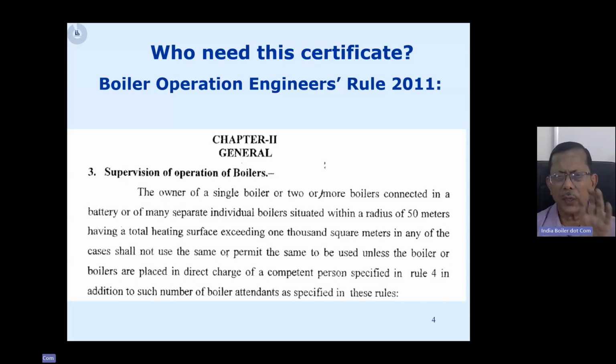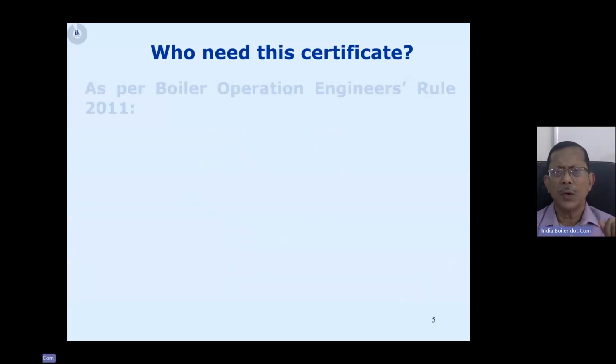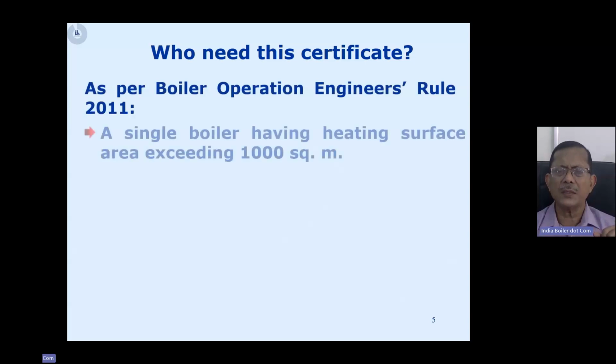So I will give you the crux of it. Basically, any organization who are having a single boiler which is exceeding 1000 square meter area will require a BOE certified engineer to take charge of that boiler.